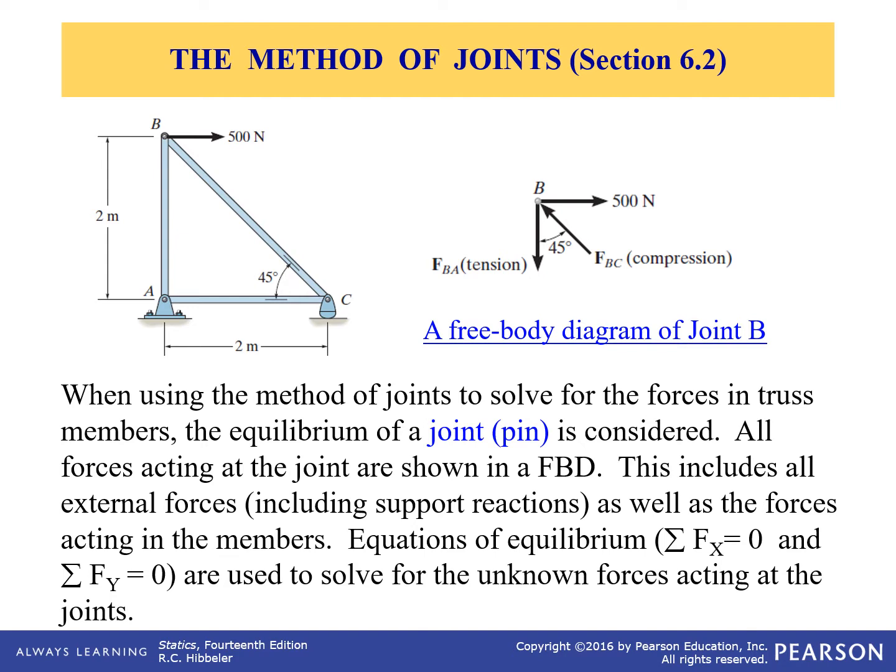But if you're given a problem where you're asked to calculate the force in every member of the truss, then that is a clear indication that you're going to use method of joints. If you are asked to find the force in some smaller subset of members in the truss, then you use method of sections, which is the second part of it.